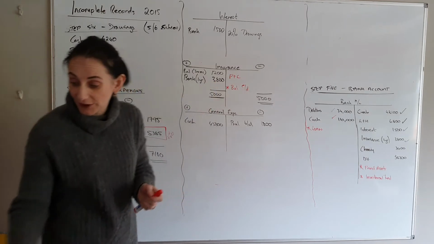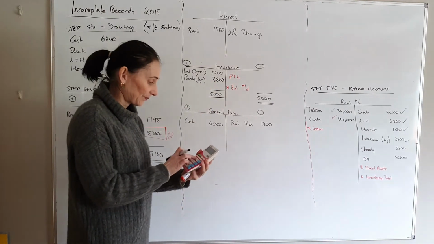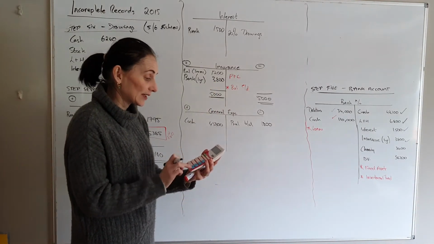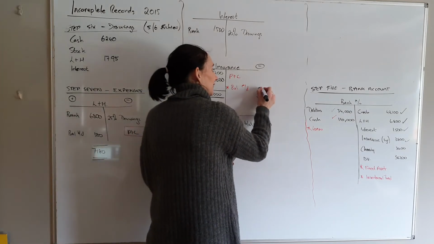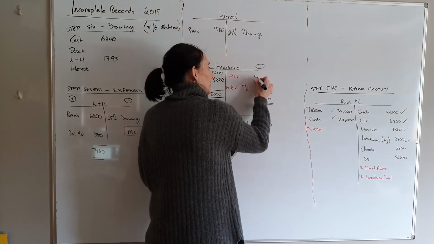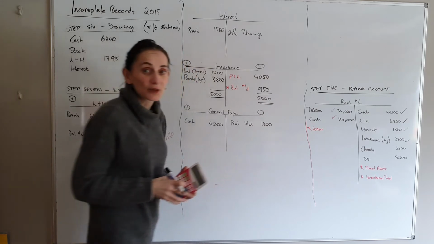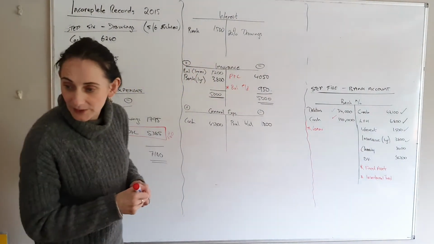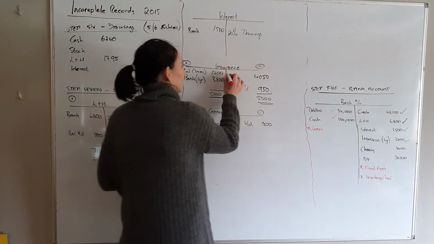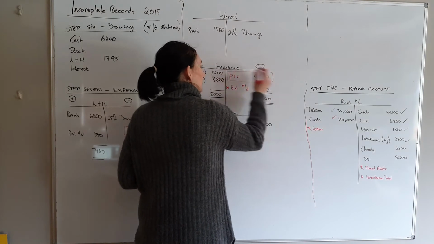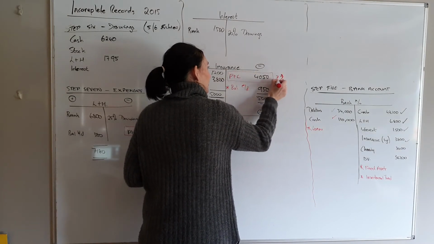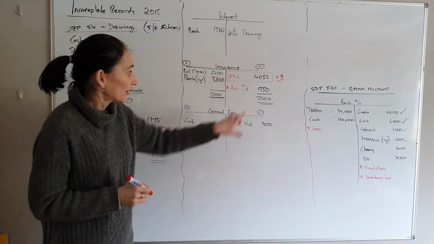So of this figure, the 3,800, 3 months of it is for next year. So that's 950 is for next year. So that's 4,050 goes into my profit and loss. And again, working that out gets you 7%. Okay, but watch that, that was hidden.